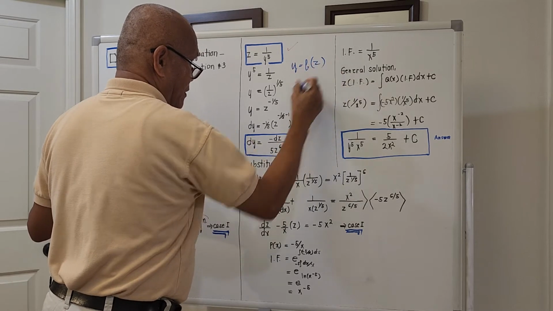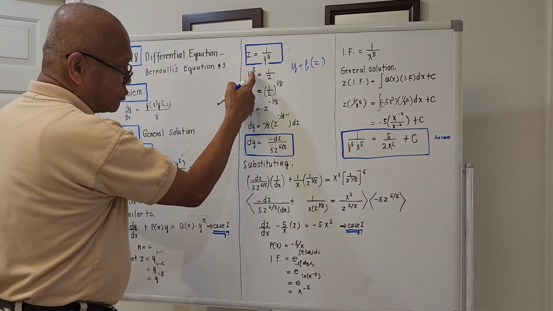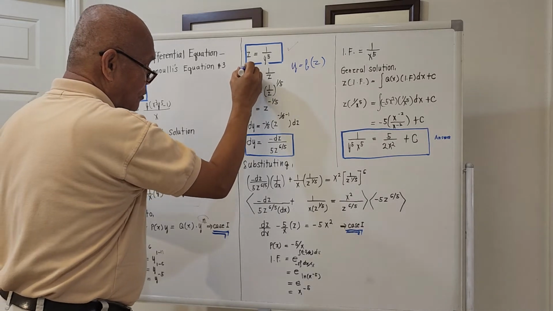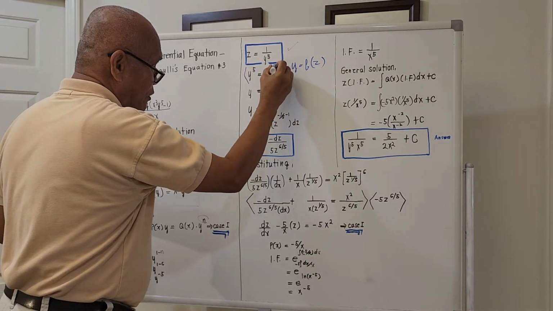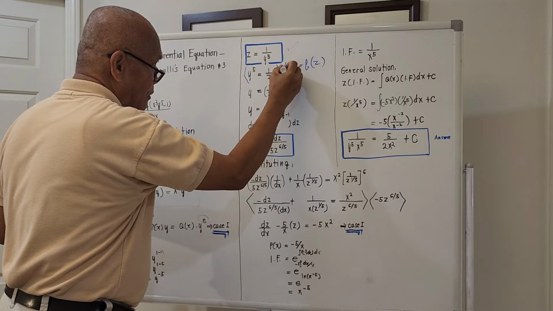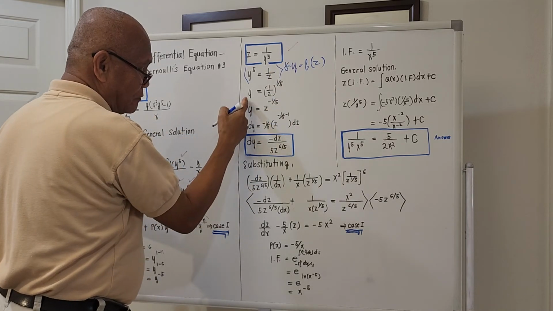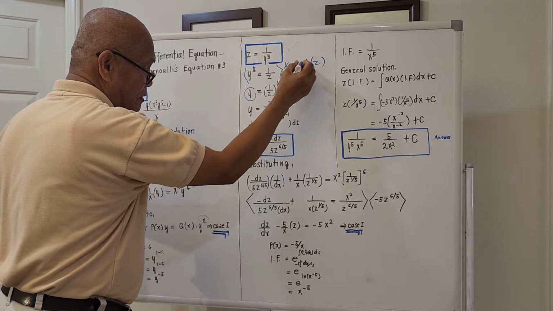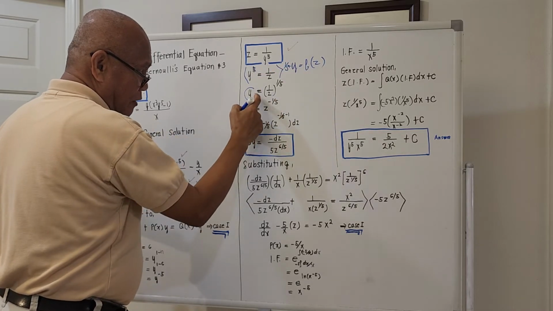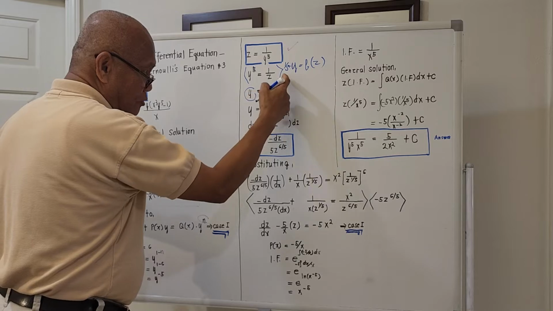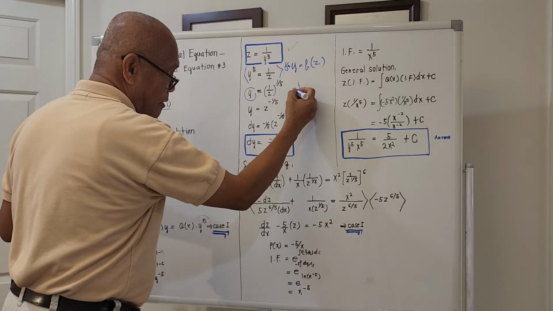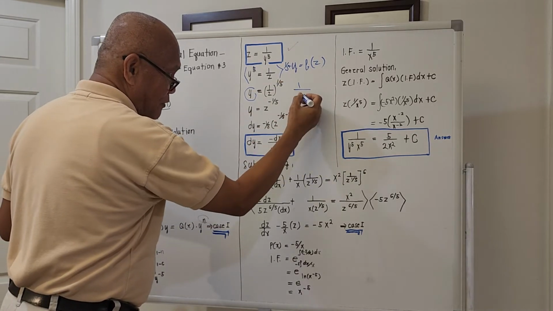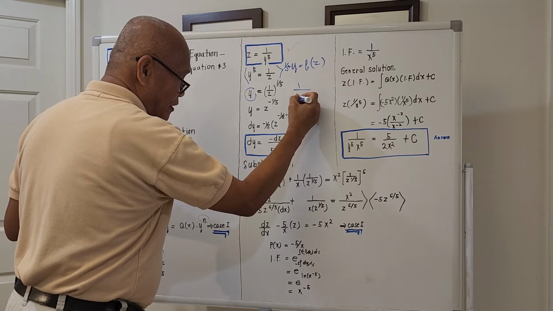For the value of y as a function of z, we'll try to eliminate this 5 over here. So we raise both sides of the equation to the 1/5. Left hand side, it will just be simply y, because 5 cancels with this. Equal to 1 raised to the 1/5, which is just 1, and z raised to the 1/5.